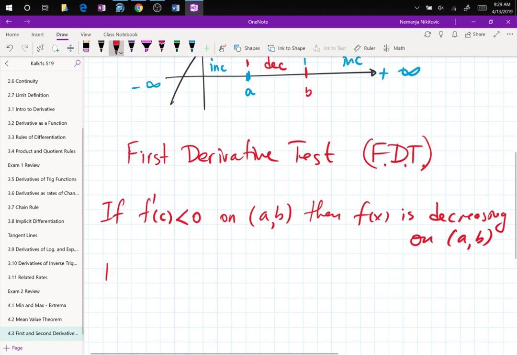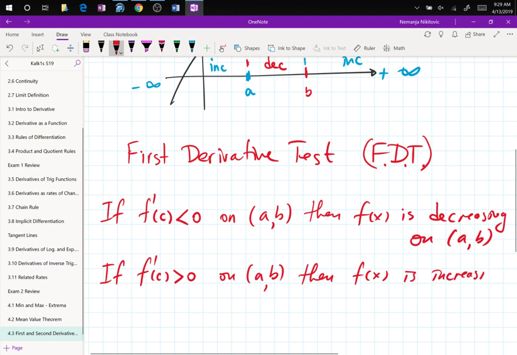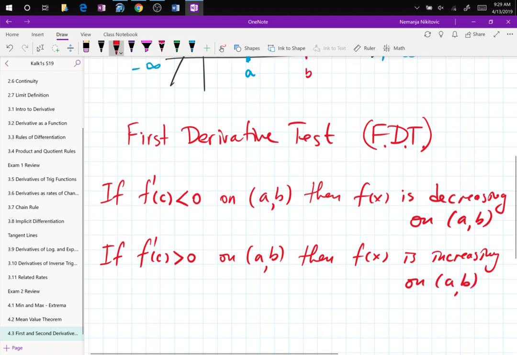Next one. If f prime of c is larger than 0 on interval AB, then f of x is increasing on AB.